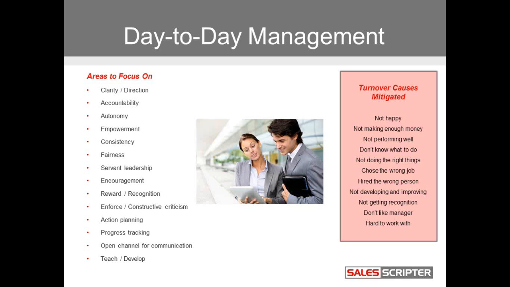Action planning, progress tracking, and open channel communication. It's important for your employees to feel like they can come and communicate to you if they have a concern, if they need help. Having really an open door policy. It's not that anybody typically has a closed door policy, but you can create an environment where your employees don't feel like there is an open door, and so there's a difference there.